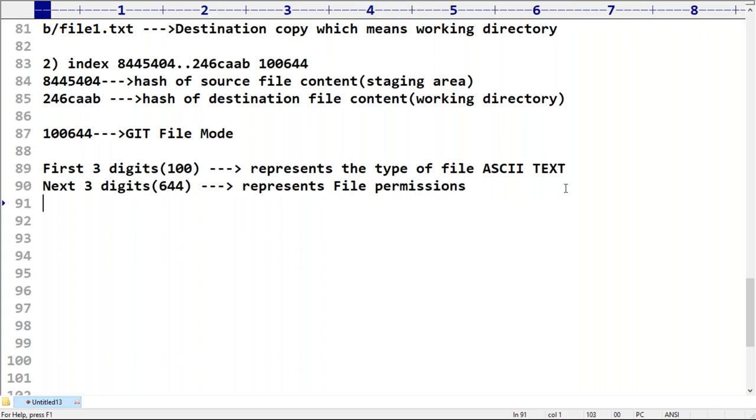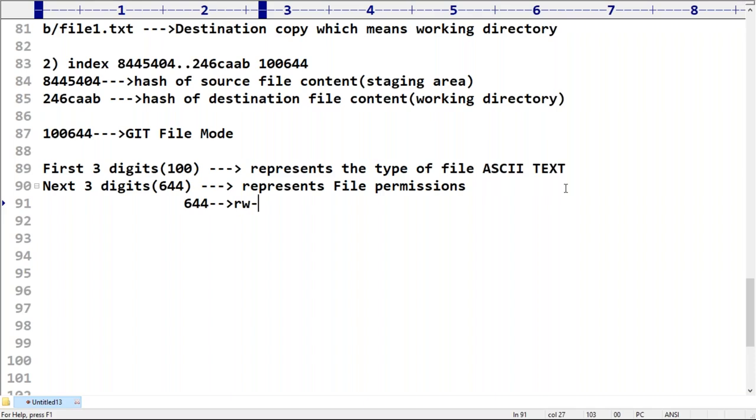I hope you are aware of file permissions; we covered them already in Linux. The people who don't know Linux shouldn't come to the DevOps area. Remember, you should have clear clarity on Linux. 644 means user permissions are read, write, no execute permission.